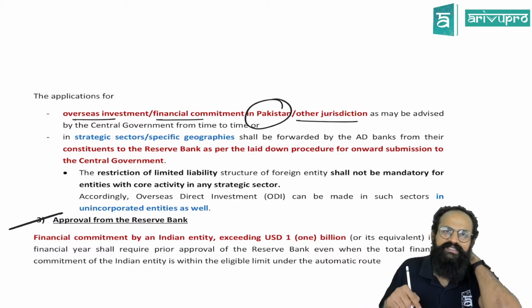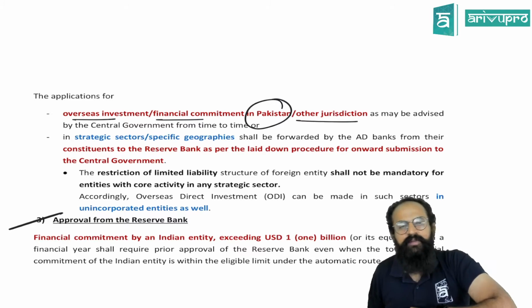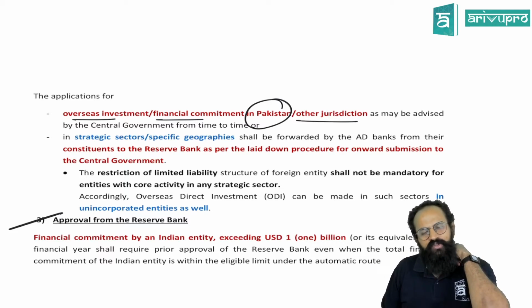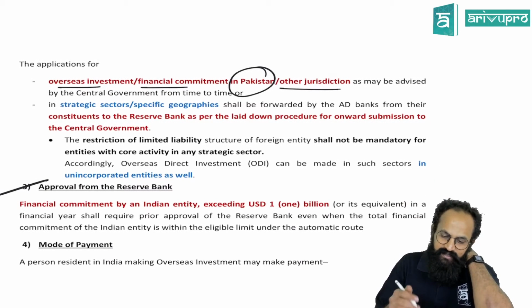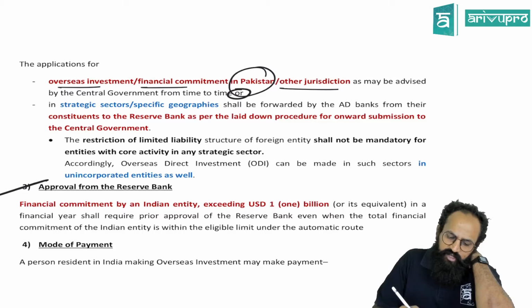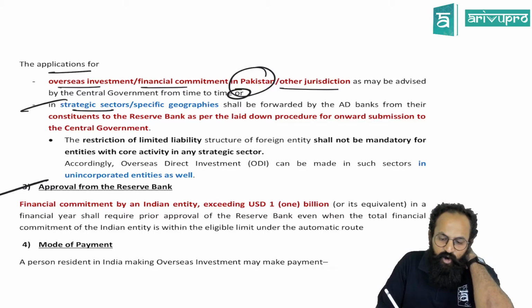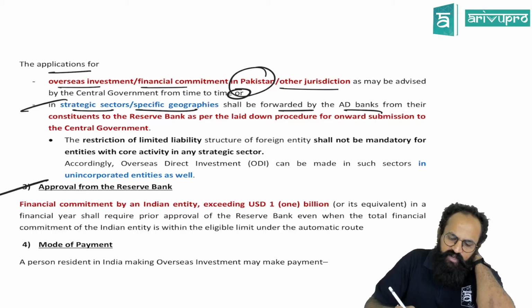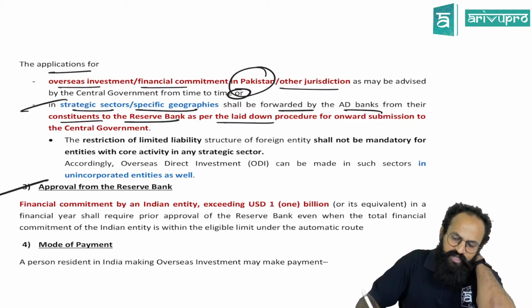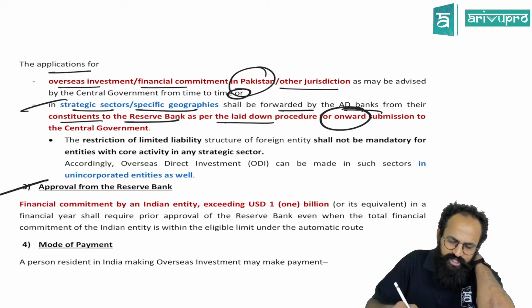So today Pakistan is already advised. Whenever you are making any financial commitment or overseas investment in Pakistan, you have to take central government approval. Or if you're making any application for overseas investment or financial commitment in strategic sector or specific geographies, it shall be forwarded by AD banks from their constituents to RBI as per the laid down procedure for onward submission to central government.